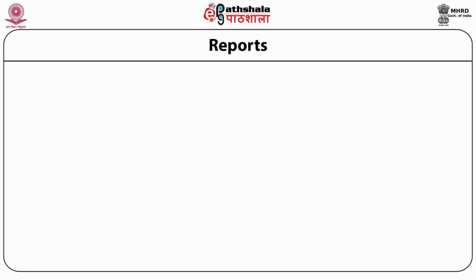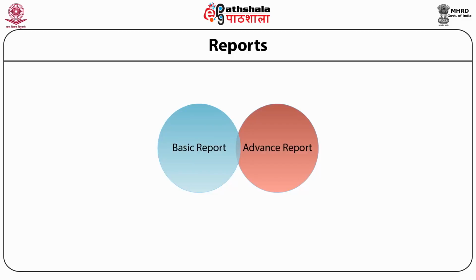Reports. Most of the integrated library management softwares provide basic and advanced level reports facilities with standard filter options. User can create multiple templates depending on the requirement by selecting fields. Basic report.